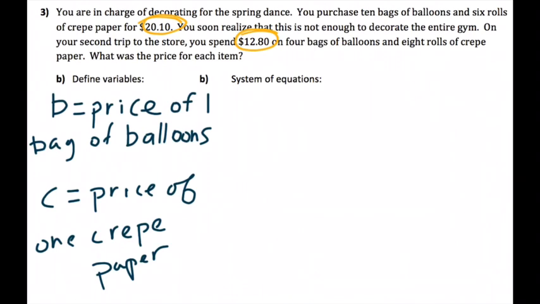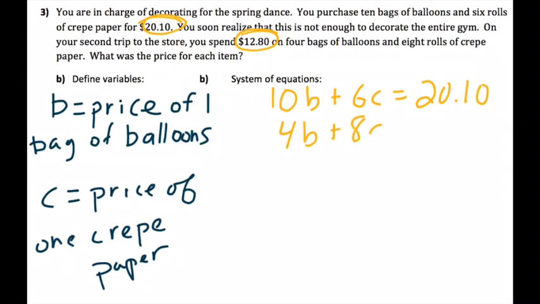Alright, for your system, you have 10 bags of balloons plus 6 rolls of crepe paper, and that equals $20.10. Your second trip, you have 4 bags of balloons and 8 rolls of crepe paper, and that is $12.80.